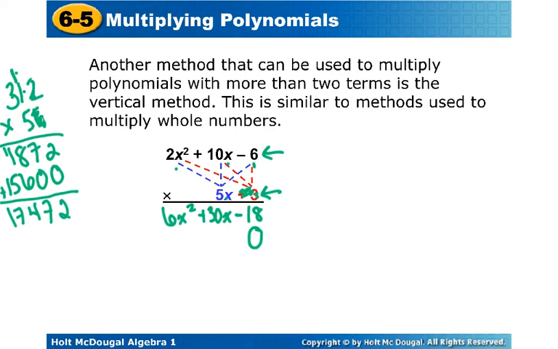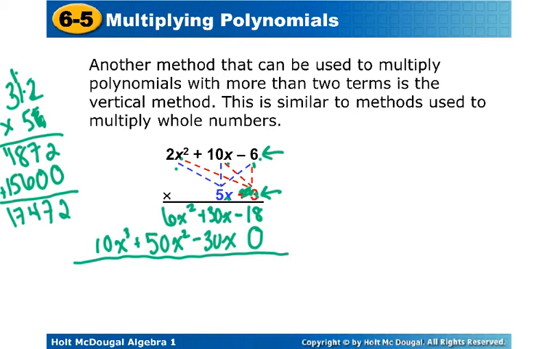And then you do 5x times negative 3, which is negative 30x. 5x times 10x, which is 50x squared. And then 5x times 2x is 10x cubed. Okay?